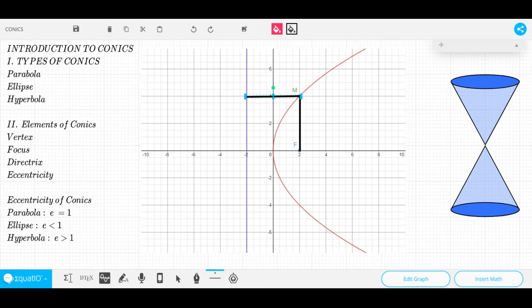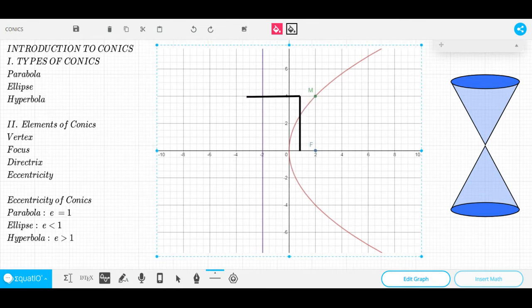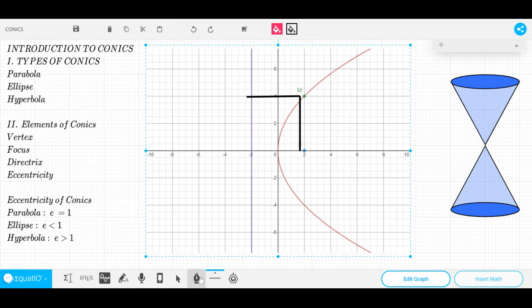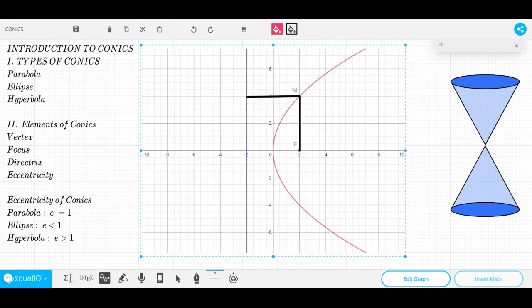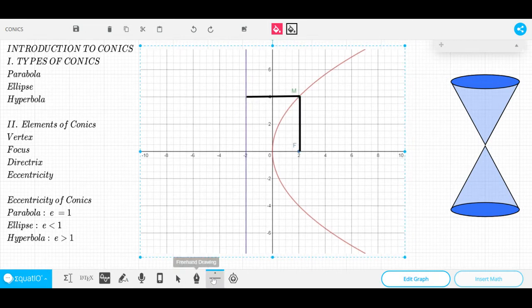M in this case. If I were to take any other point, it would be the same case. What if I took the vertex of the parabola, which is point O of coordinates 0, 0? It would still be the length of OF over the distance from O to the directrix, which would mean this over this.